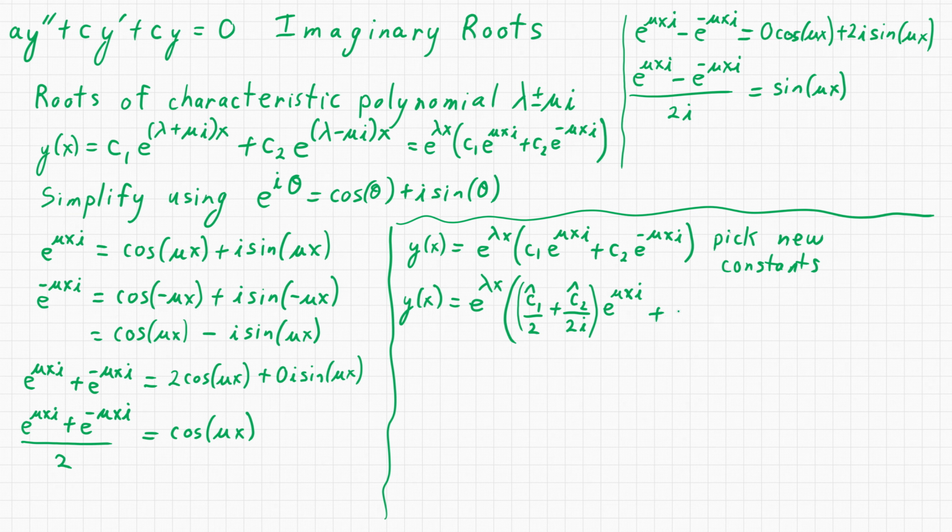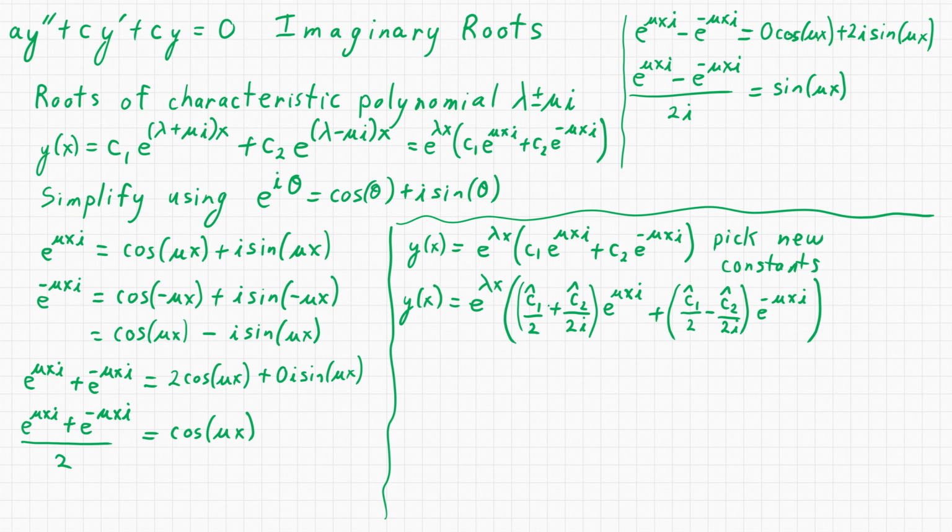And then I'm going to have plus c2 now. I'm going to exchange it with something not as nice, but will amazingly kind of simplify itself. It's going to be c1 hat over 2 minus c2 hat over 2i times e to the negative mu xi. And then close parentheses for the e to the lambda x.